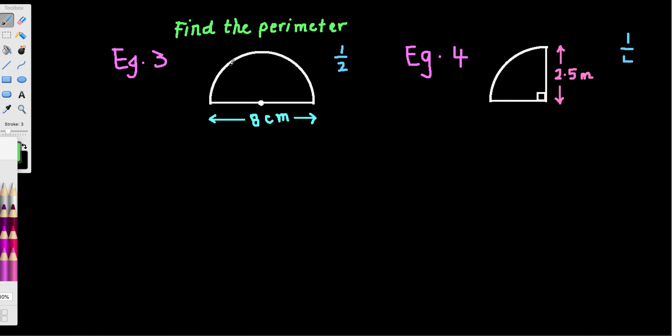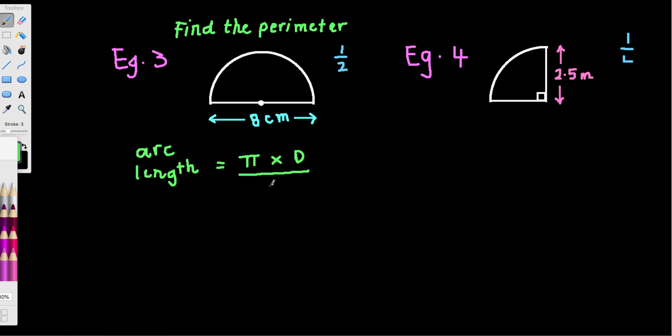But I'm not finding the full circle, I'm only finding half of it. So I'm going to call this bit the arc. You can say arc length because that's technically what we're finding. So the arc length is going to be whatever the circumference was halved. So the circumference divided by 2. So remember the circumference would have been pi times d.